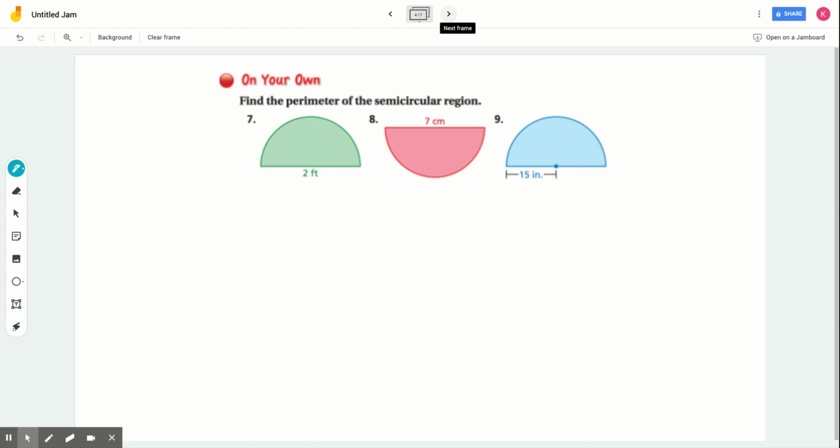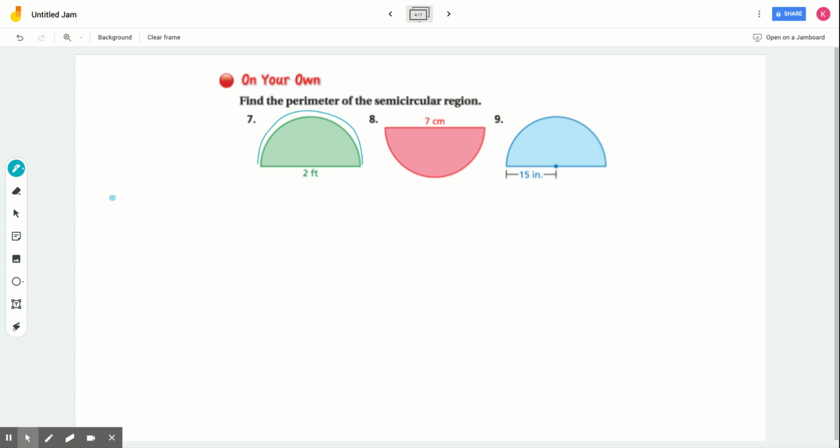Now, when we look at numbers 7 through 9, we're finding the perimeter of the semicircular region. So we are going all the way around this semicircle. So we need to think that this outside piece is like half of the circumference because it goes halfway around the circle.